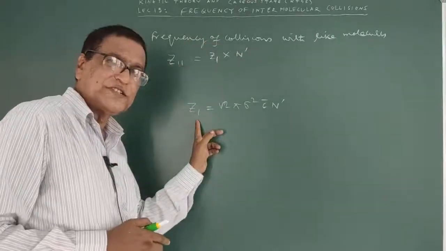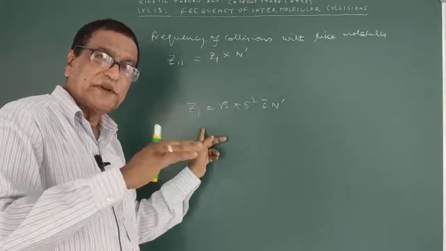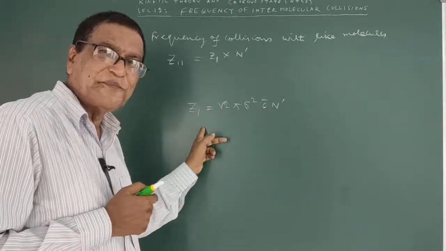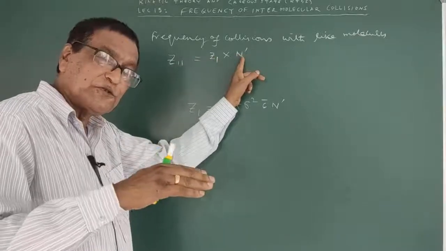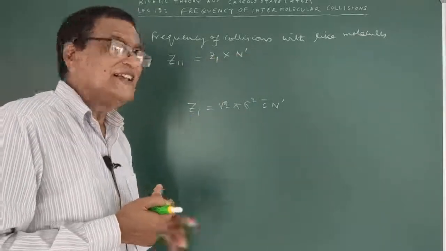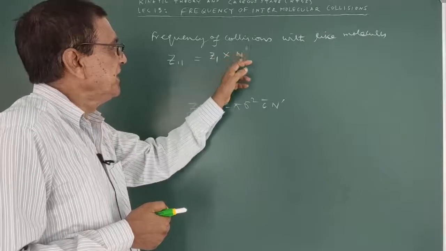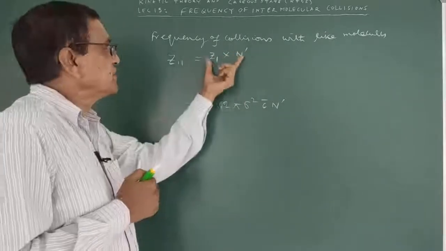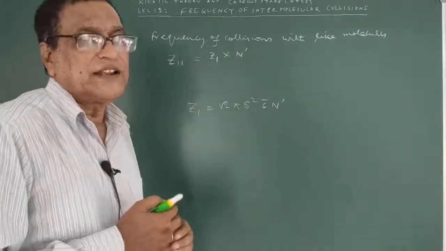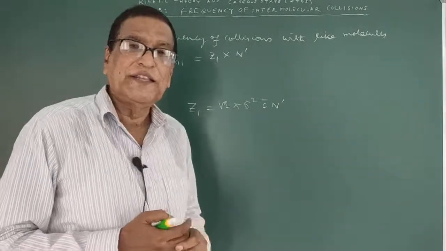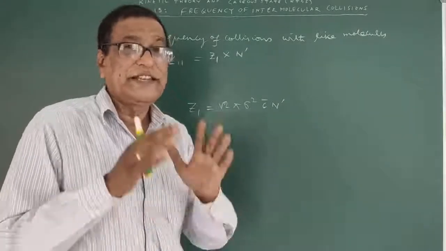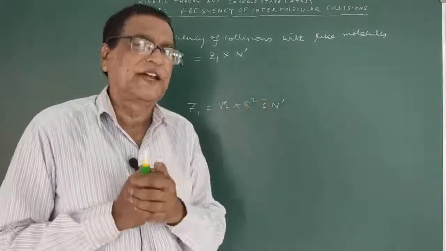Z1 is the number of collisions made by a single molecule in unit time, and n dash is the number of molecules per cc. So whenever it is multiplied by n dash, this product gives the number of collisions made by the molecules in unit volume in unit time.